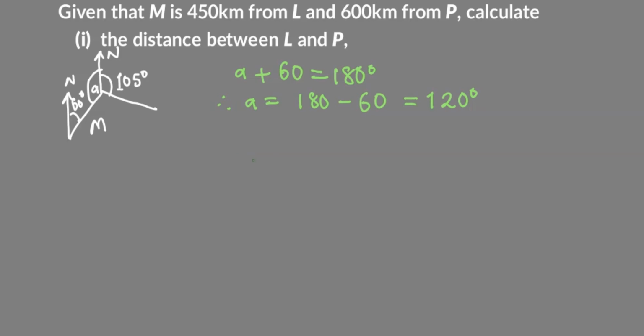Now, we also know that if we add the 105 there, plus A, and plus, let's say, an angle here, which is B, we're going to have 360 degrees. We've already calculated the value of A, so B is going to be equal to 360 minus 105 minus the value of A that we just calculated, which is 120.